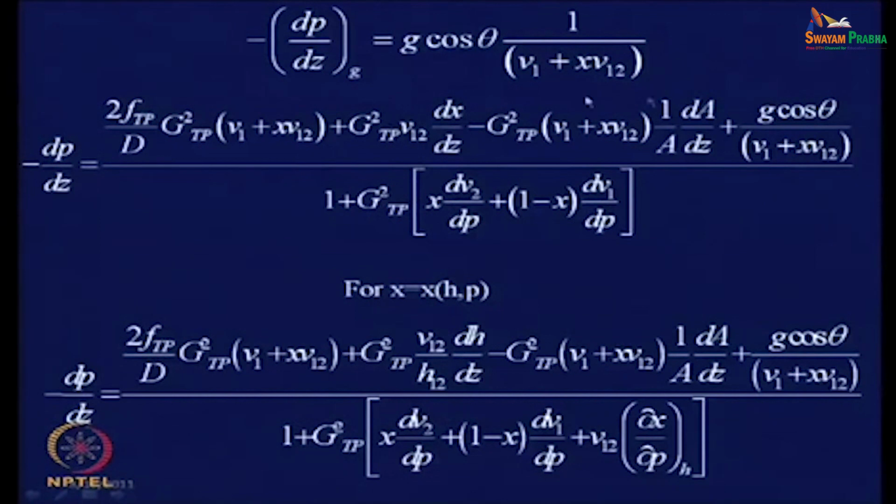Agreed? Now, once we know how to define FTP, everything in this pressure drop expression we know, and therefore, we are now in a position to find out the pressure gradient for two phase mixture under homogeneous flow conditions.